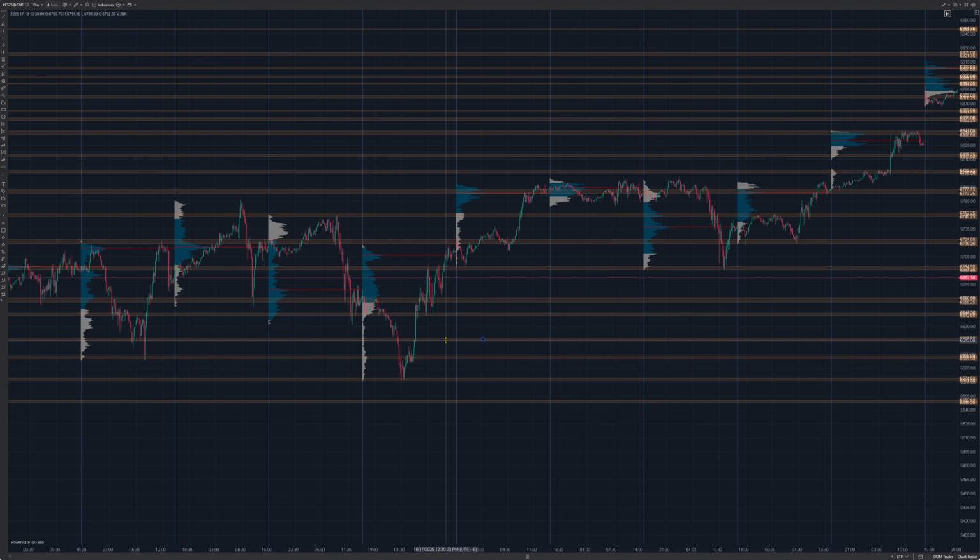This one here does not really make sense. It would make sense down here, but it's a very long way.